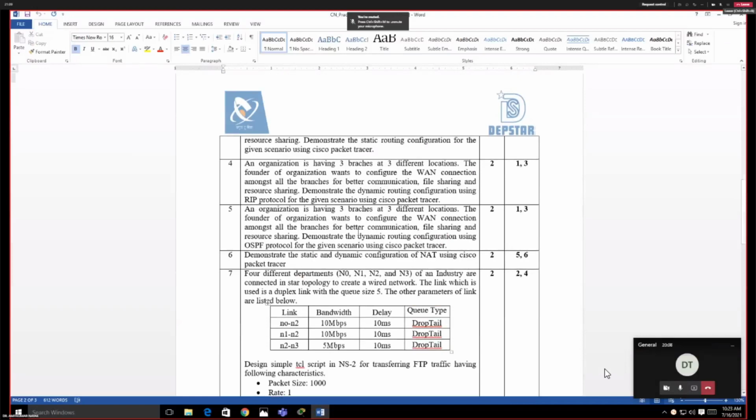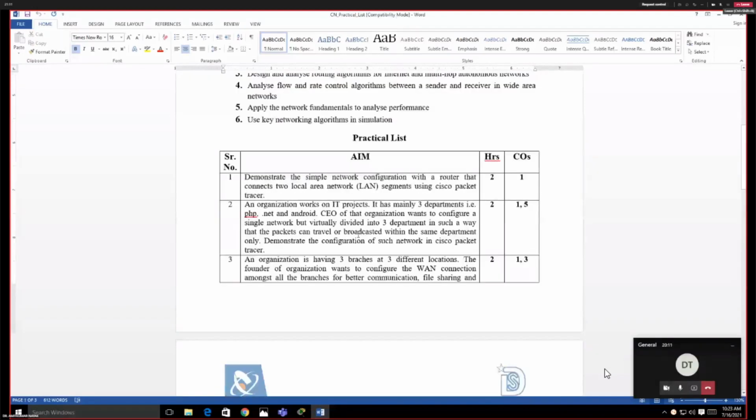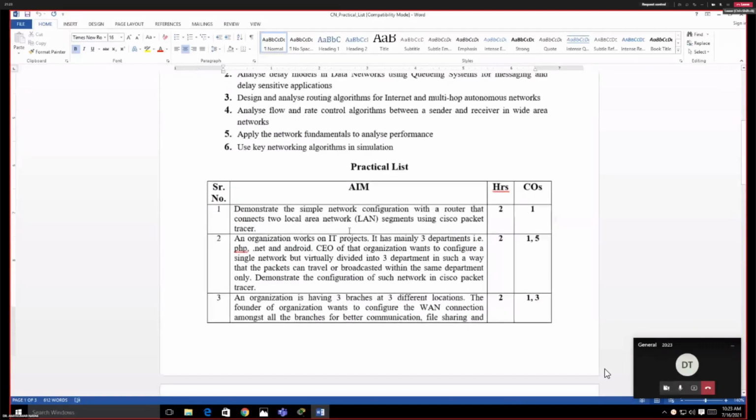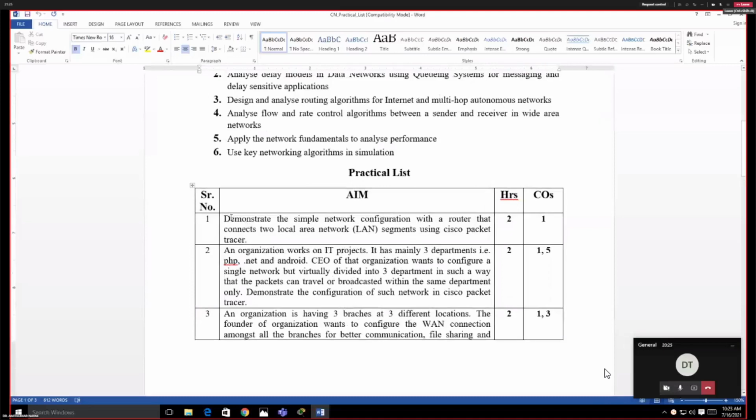Today I will try to complete practical number 1. The aim of practical number 1 is to demonstrate the simple network configuration with a router that connects two local area network segments using Cisco Packet Tracer.